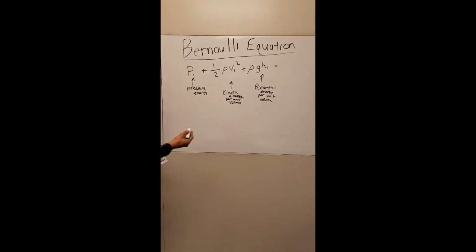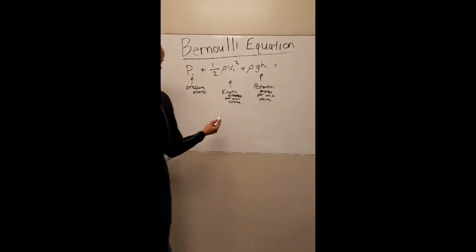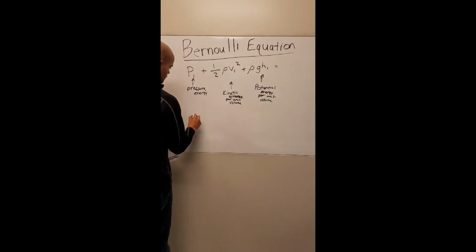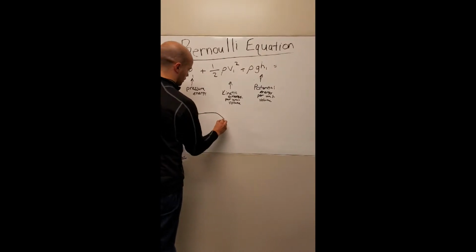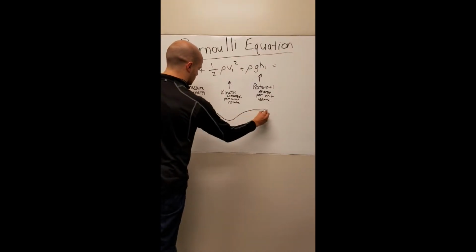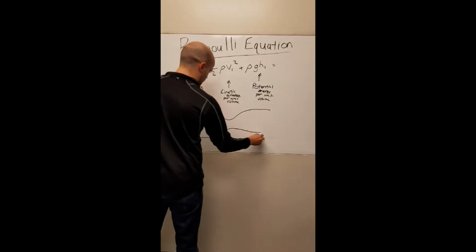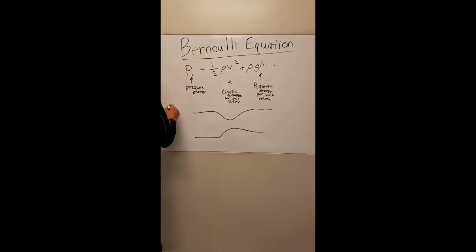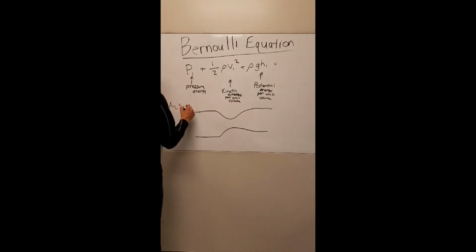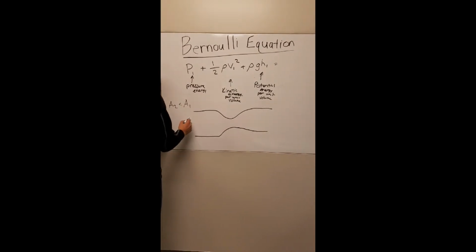A good way to depict this would be in your classic Bernoulli example of a pipe with a constricted area. You make the assumption that this is a laminar flow. The assumption is also made that A2, which is this area, will be less than A1, which would be this area.